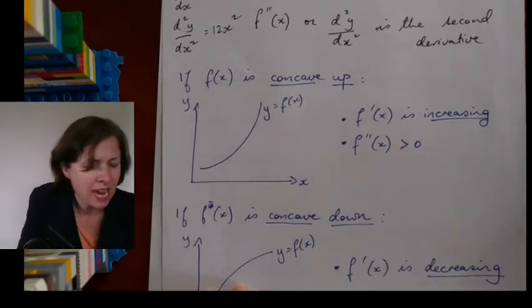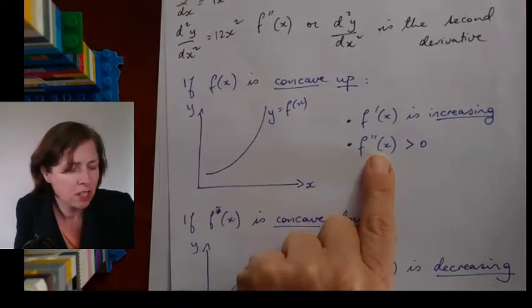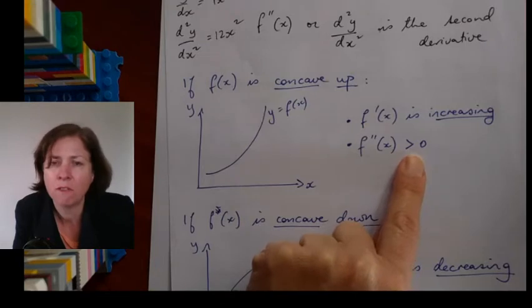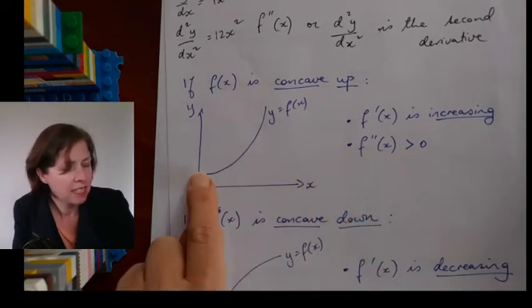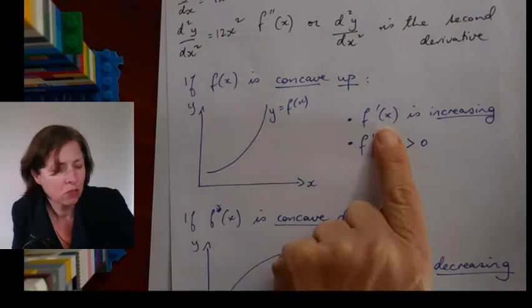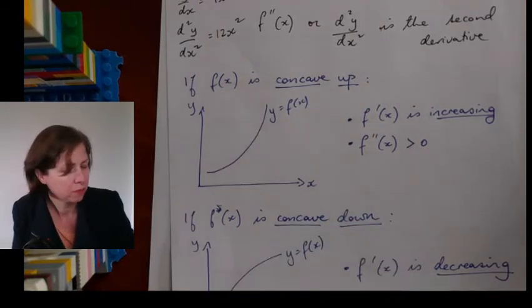So if my f dash of x is increasing, that means when I find the derivative of this, I'm going to get a positive value. So if I've got a second derivative and it's positive, that is going to tell me that my graph is concave up. And that tells me that my rate of change is increasing.